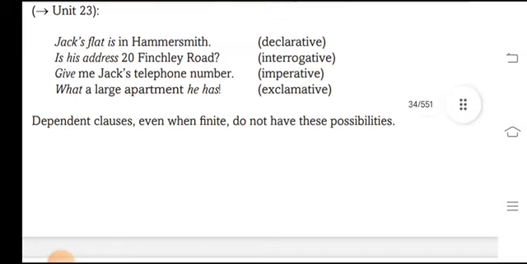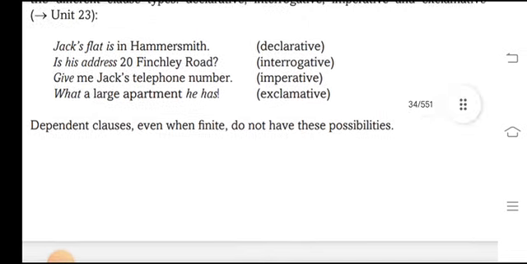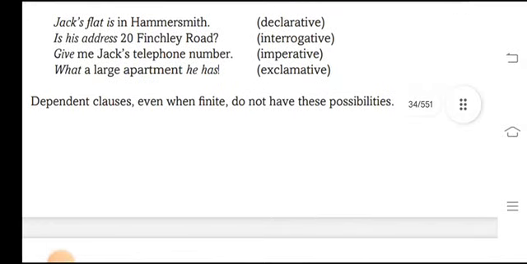Jack Flint is in Hammersmith. What is his address? 20 Finchley Road. Give me Jack's telephone number. What a large apartment he has.